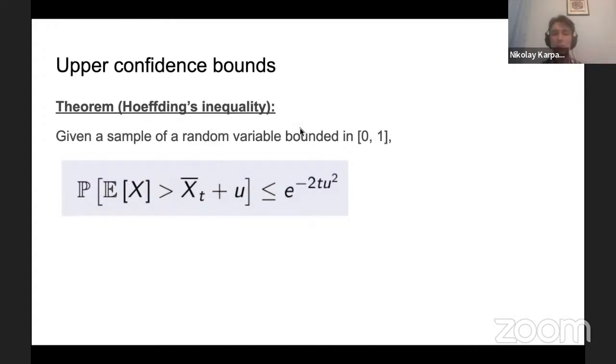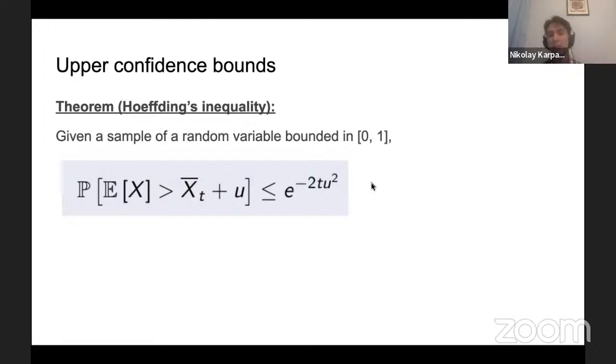This inequality says that given a sample of a random variable bounded in the interval between 0 and 1, we can bound the probability that the true expectation exceeds the sample mean plus some deviation by the exponent of the product of the squared deviation times the number of trials. So T is the number of trials or the sample size.